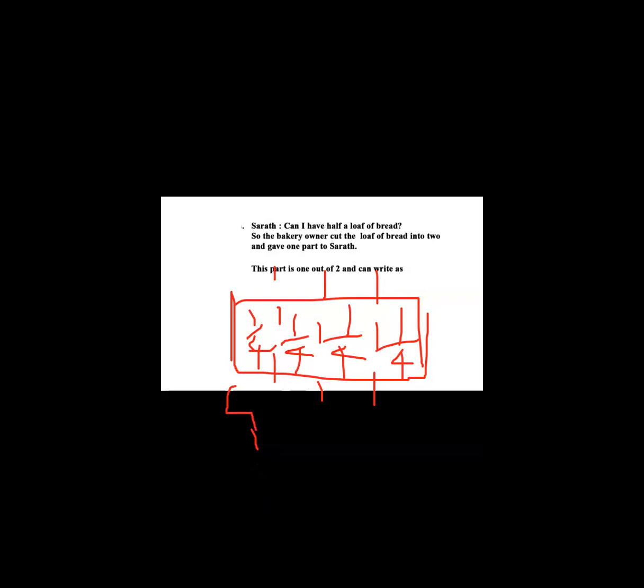Here you can see this is half, and again this is half. So we have 1 loaf of bread. We have divided this by 2 and we get 1 over 2 two times. Then when we divide this into 4, we get a quarter, 4 quarters. So I think you can understand that.